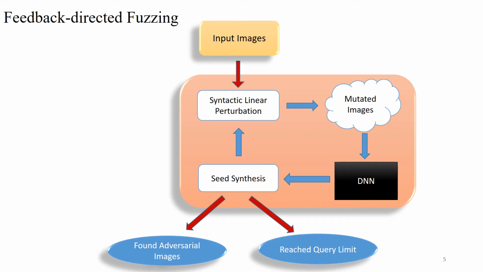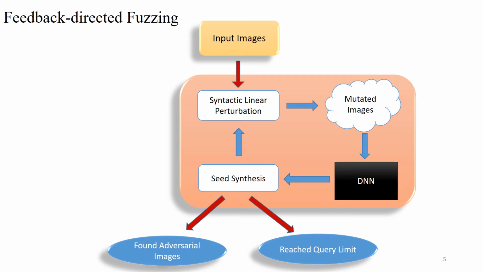Based on linear assumptions, DeepSearch uses feedback-directed fuzzing to effectively mutate input images towards decision boundaries. In each iteration, DeepSearch generates mutated images through syntactic linear perturbation.